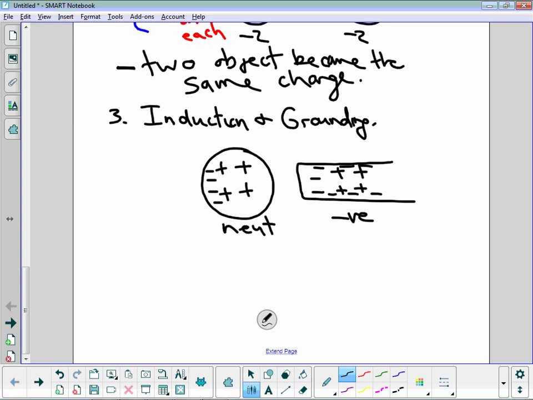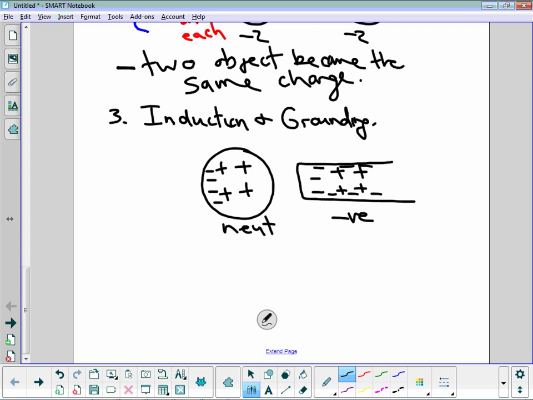Correct. All right? Now, right here, we have a situation that I taught you at the beginning called induction. That's an induced charge separation. If I were to take the rod away, what would happen? I didn't ground it.